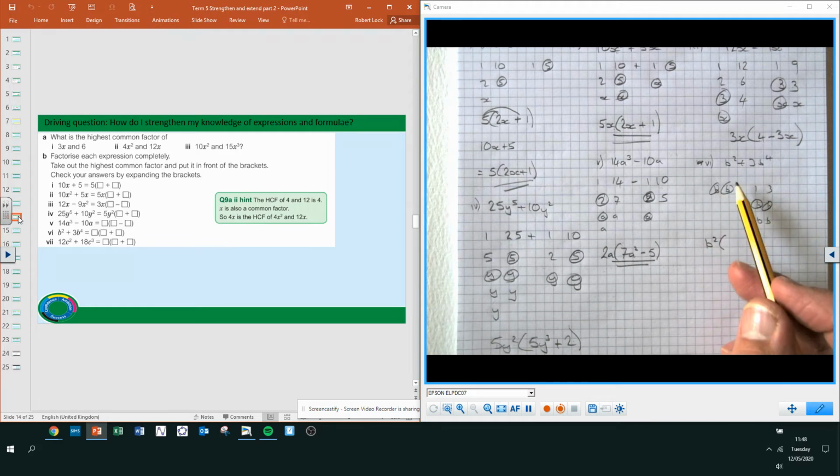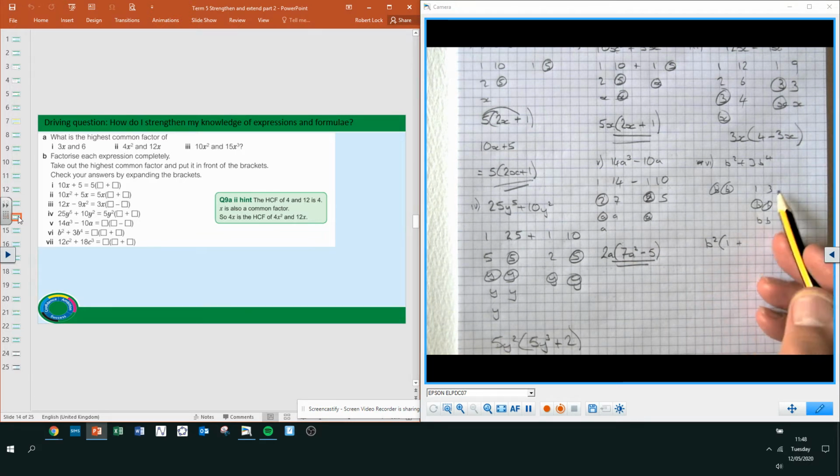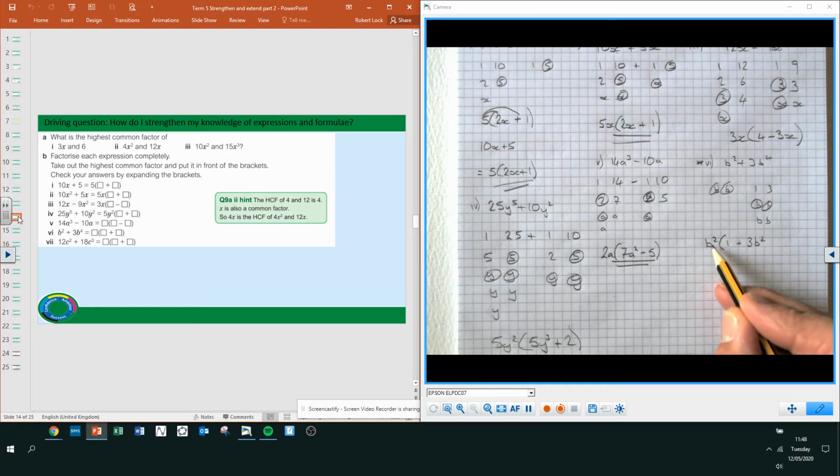Now, there's no number left with this one here, but b squared times nothing is nothing, so you want b squared. So b squared times 1 will give you b squared, plus 3, which is the highest number left over. So b squared times 3b squared would be 3b to the power 4. End up.